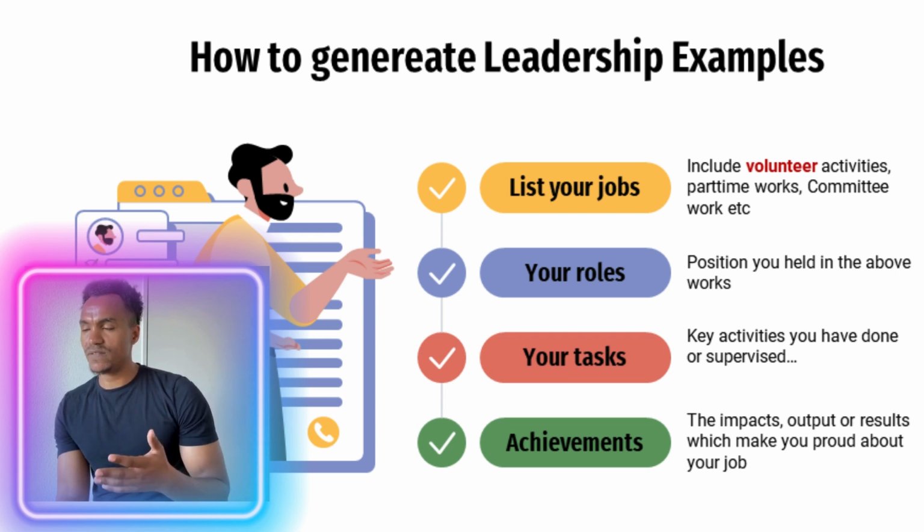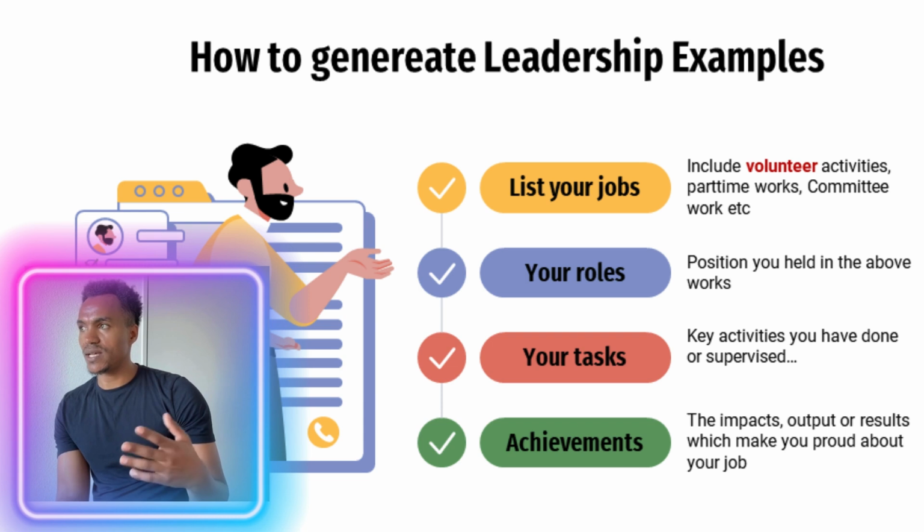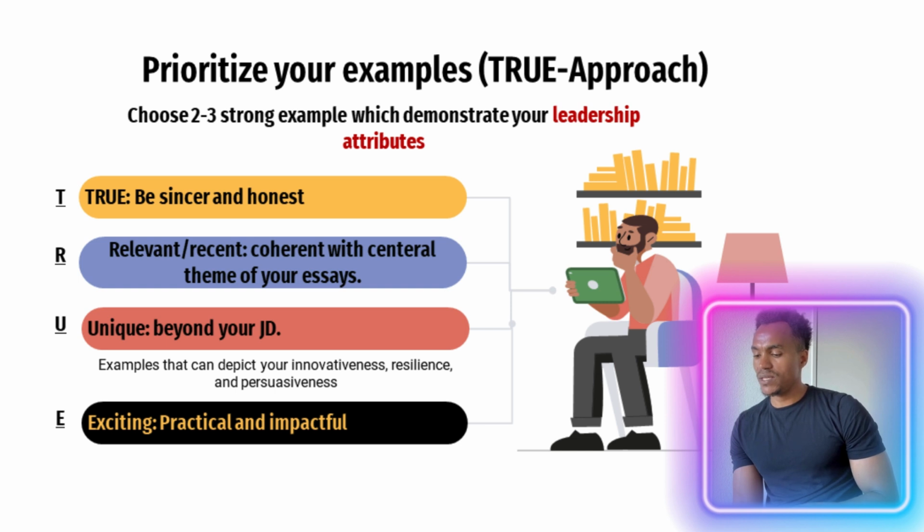You can list all of them, your roles in that job, then the tasks or key activities you performed, then you list your achievements. After you list this, sometimes you may have several examples, depending on your experience.